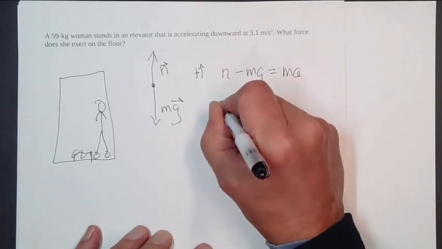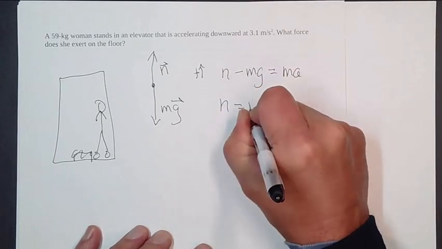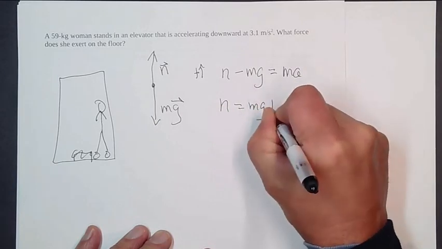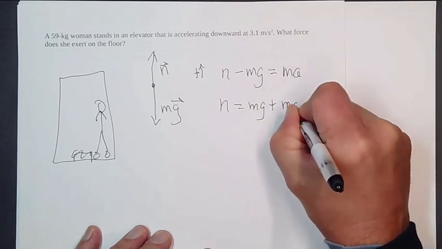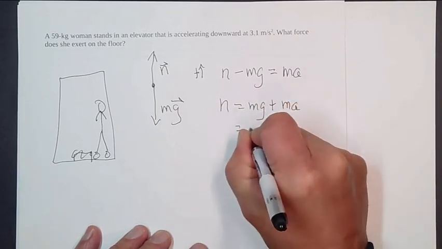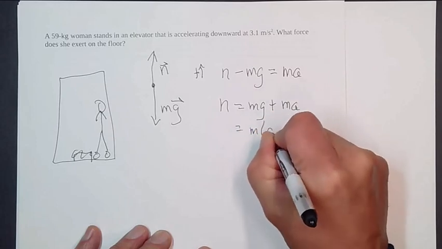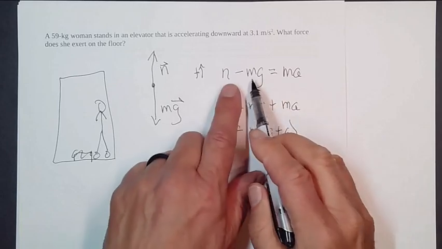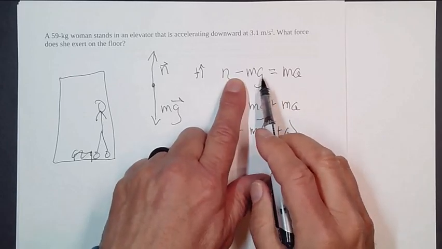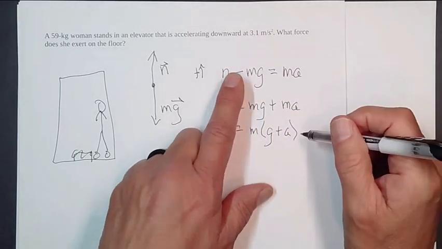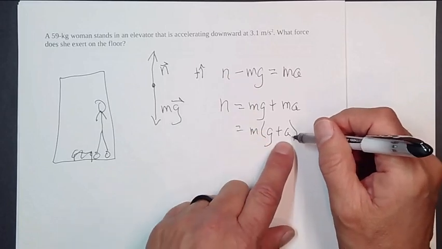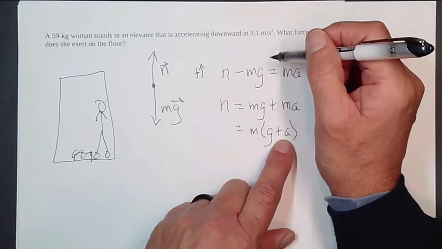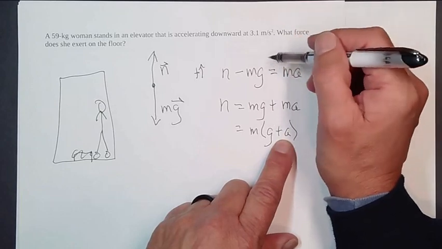But we would just have N is going to equal mg plus ma, or it'll equal her mass times g plus a. Now, this got a minus sign over here because we know it's a downward force. This, we'll wait until we actually put in a value for a to assign a sign to it.